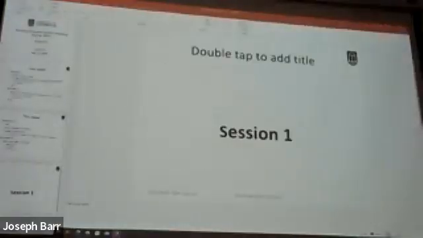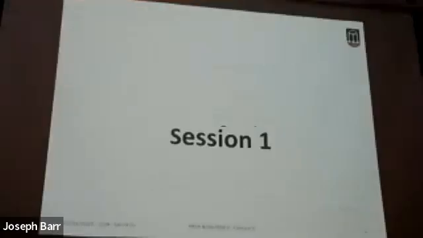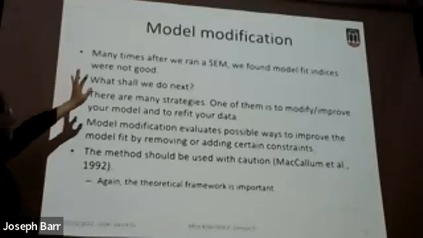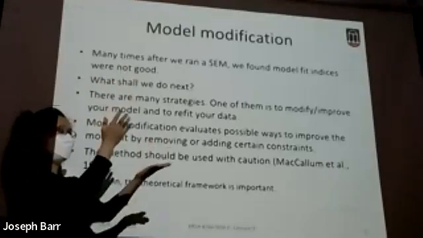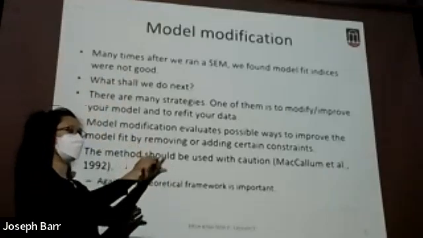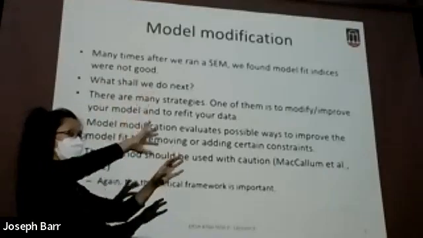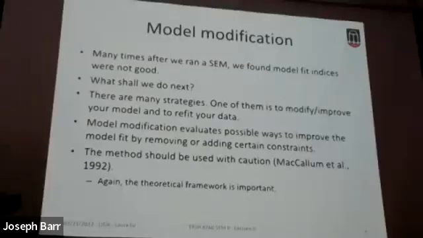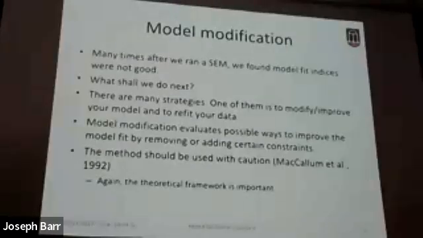So let's look at our class today. Section 1 is about model modification. Just like our homework 4, many times we have a model with a very reasonable specification and explanation of the results, but we find that the model fit indexes are not quite good.